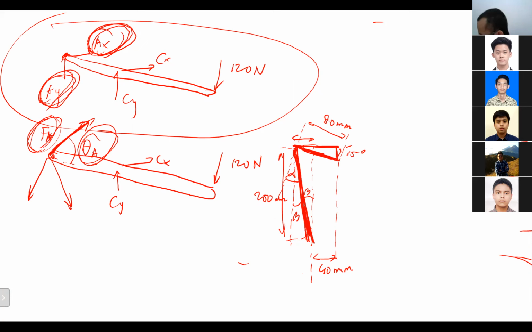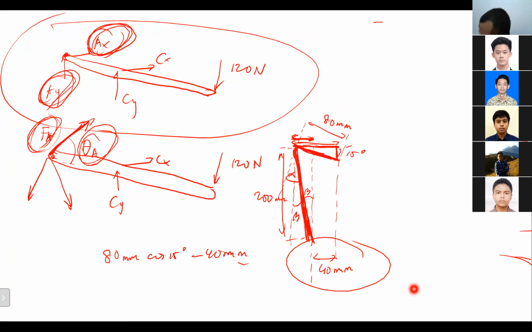He wants to find the horizontal distance of the 80 millimeters, so 80 millimeters cos 15 degrees. Then he subtracts 40 millimeters, so it becomes this particular distance.